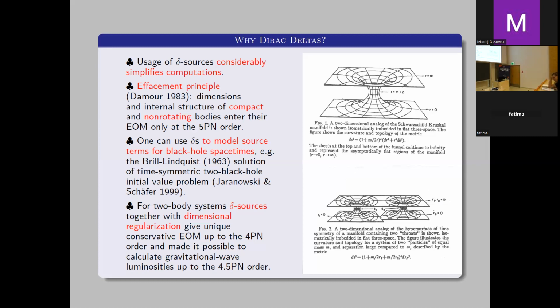And of course, we have a nice a posteriori argument that using delta sources and dimensional regularization give unique conservative equations of motion up to fourth post-Newtonian order, and most probably also unique gravitational wave luminosities up to 4.5 post-Newtonian order.